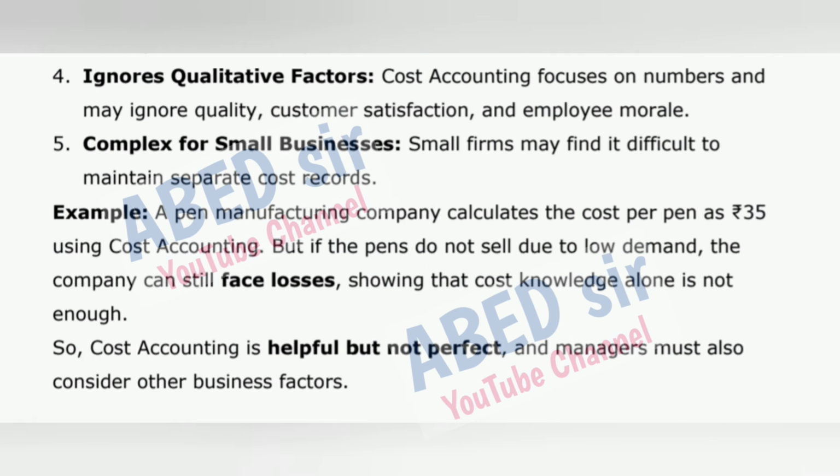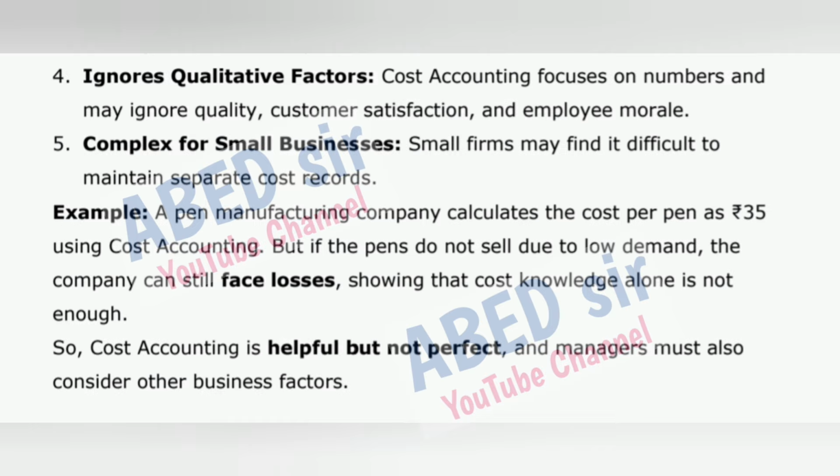4. Ignores qualitative factors. Cost accounting focuses on numbers and may ignore quality, customer satisfaction, and employee morale. 5. Complex for small businesses. Small firms may find it difficult to maintain separate cost records.